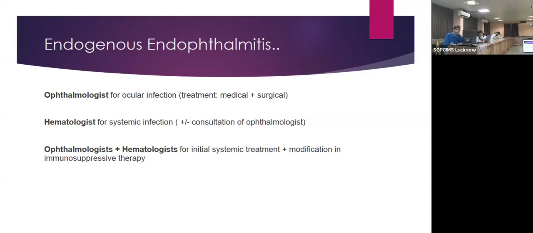Because as I said, the treatment is a vitrectomy, immediate vitrectomy, and we need to give oral steroids or steroids by some route, just to prevent the post-operative inflammation, because that will itself become a danger to the patient's eye. So in those circumstances, we need very good coordination, and fortunately our center has this coordination very well established. So that may be the reason for the good outcome in our patients.